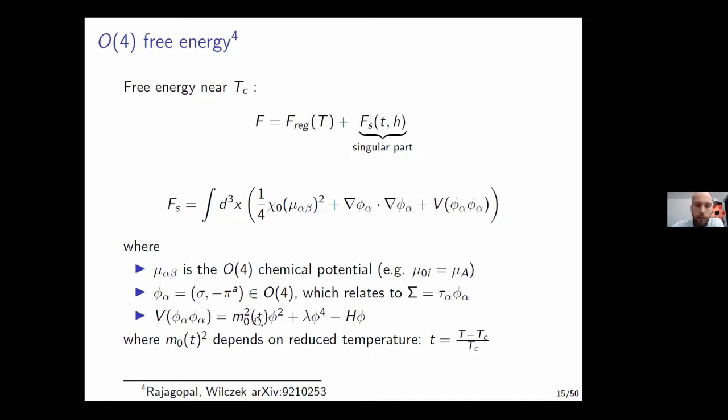You have a mass term, a quartic interaction, and an explicit breaking term. The mass term depends on the reduced temperature, so you can interpolate between the broken and unbroken phases based on the value of the temperature.